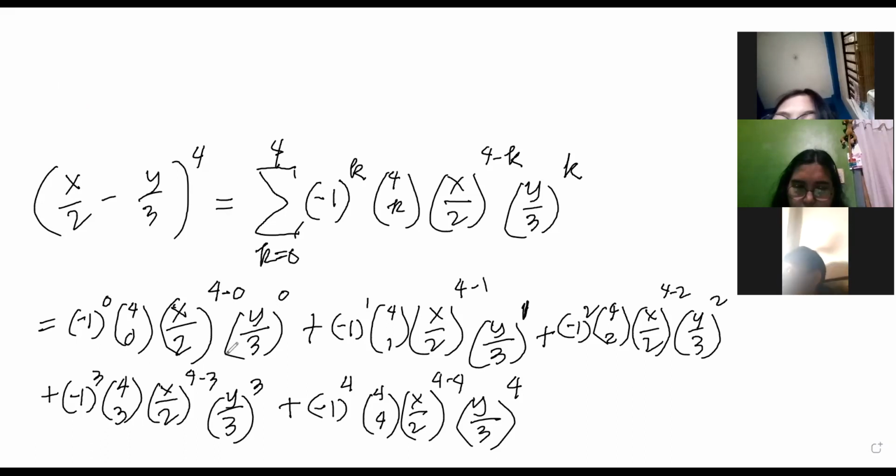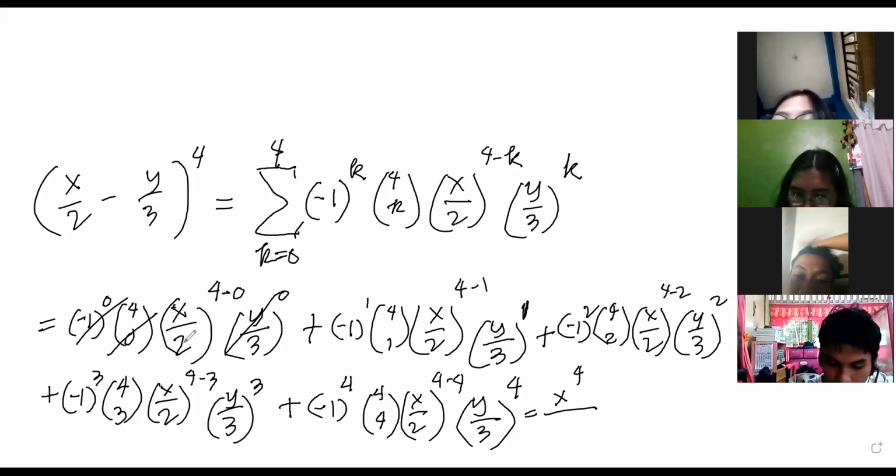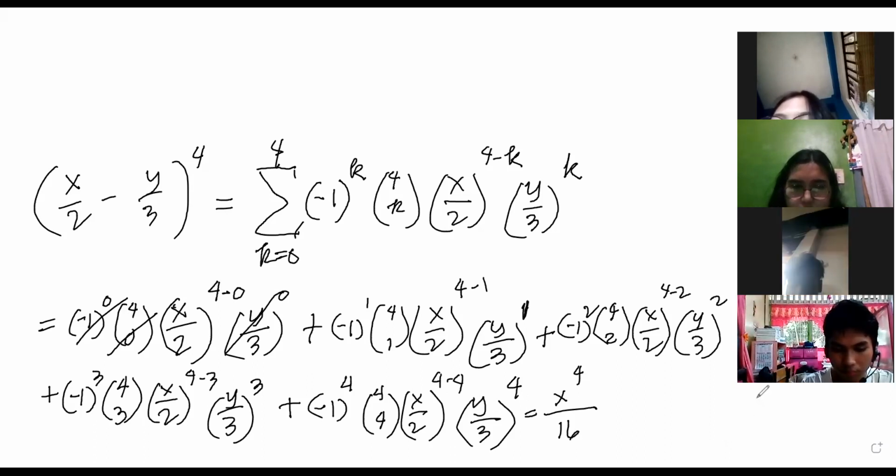This is 1, this is 1, this is 1. So you only have here x to the power of 4. What is 2 raised to 4? 2 times 2 times 2 times 2 is 16. That is just x to the 4 over 16. Okay? Claro? That is your first term.